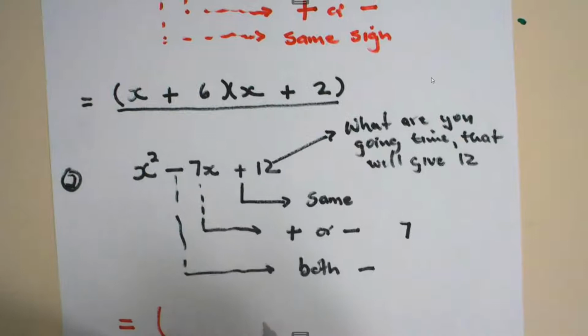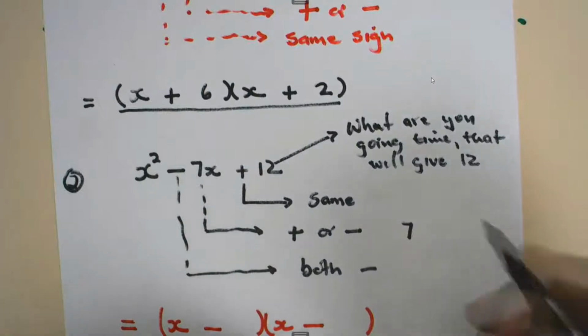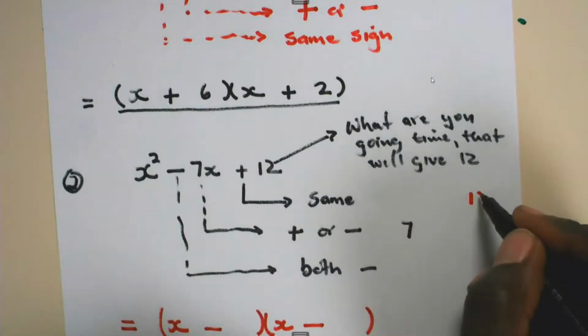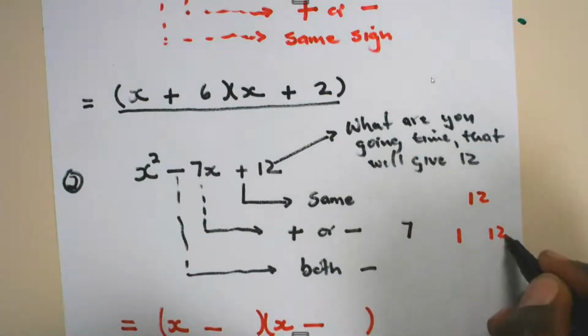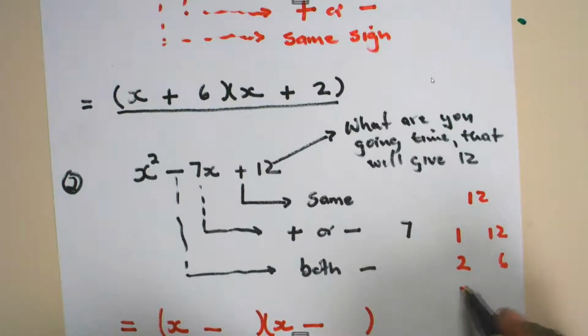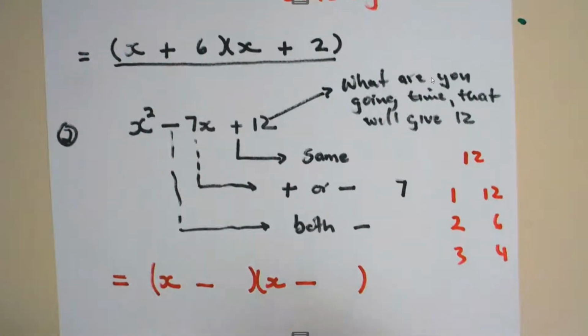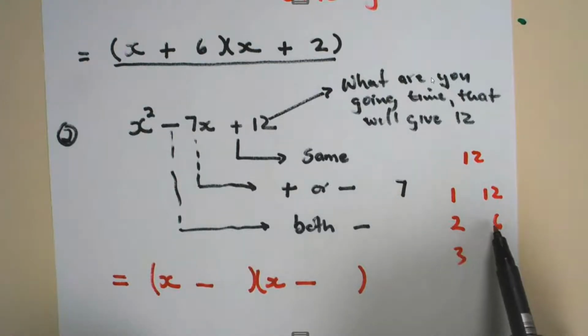Now you put the bracket, and then the x and x, and we already said the signs are both the same, negative. Now what are the factors of 12? It's 1 and 12, it's 2 and 6, it's 3 and 4. But we're saying the signs of these factors are both negative. If you have negative 2 and negative 6, it's negative 8.